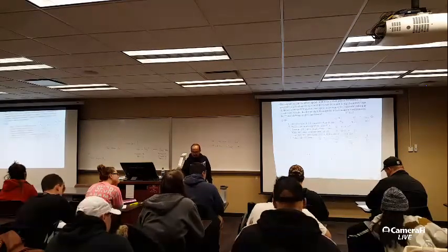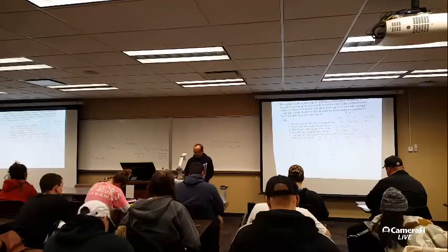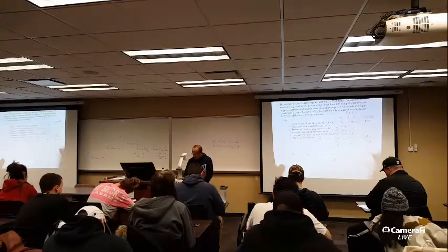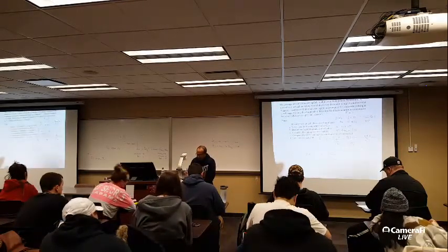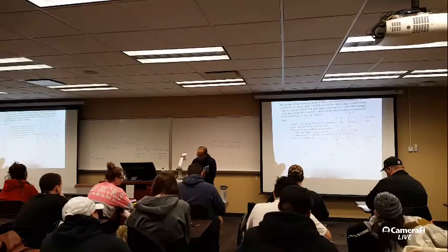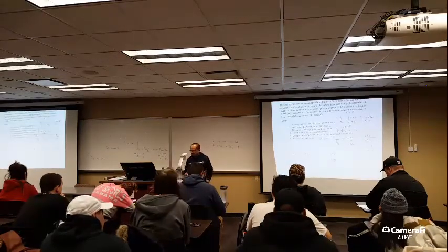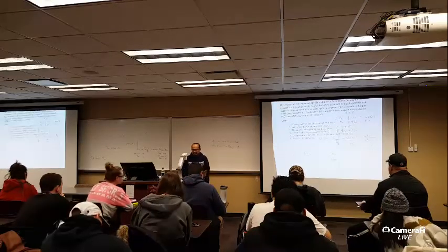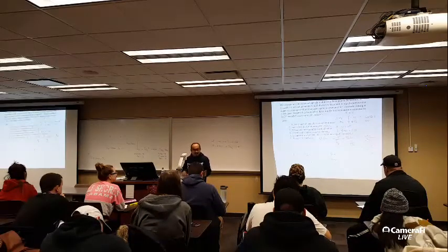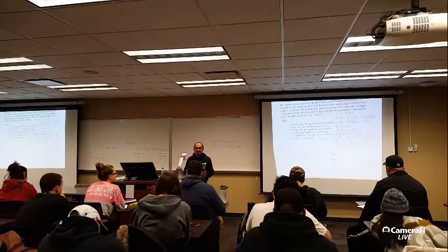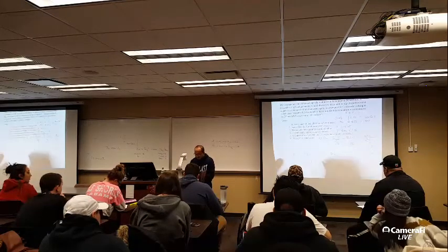So what is the total? What is the number there? 2.11. Okay. So we can take the absolute value of that. So what do you think? Is it greater or smaller? 2.11, is it greater or smaller than 1.96? It's greater, right?